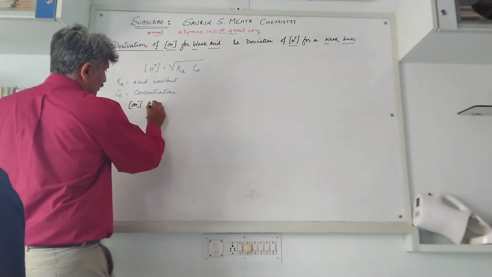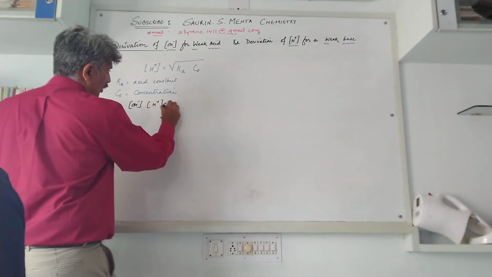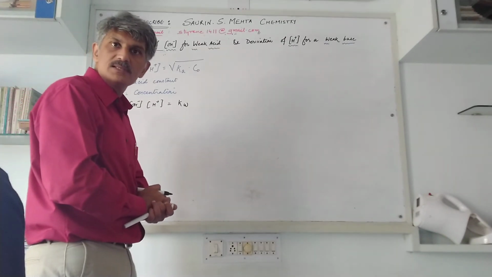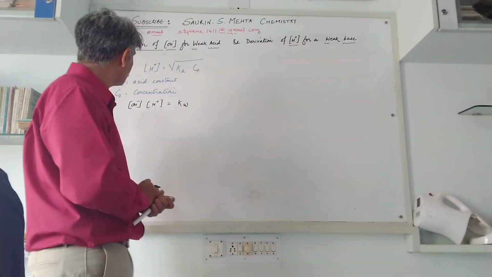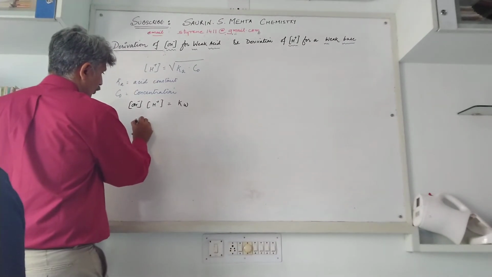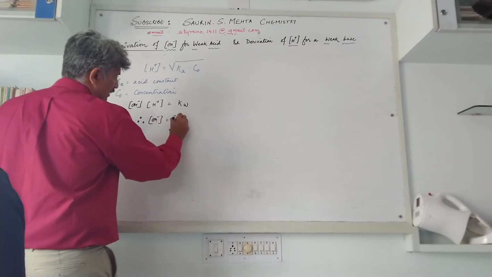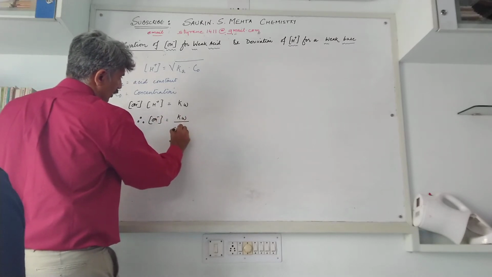OH- ion concentration into H+ ion concentration is always equal to Kw. Therefore, for OH- ion concentration, I'll make it the subject of the formula, so I'll write Kw upon the concentration of H+ ion.